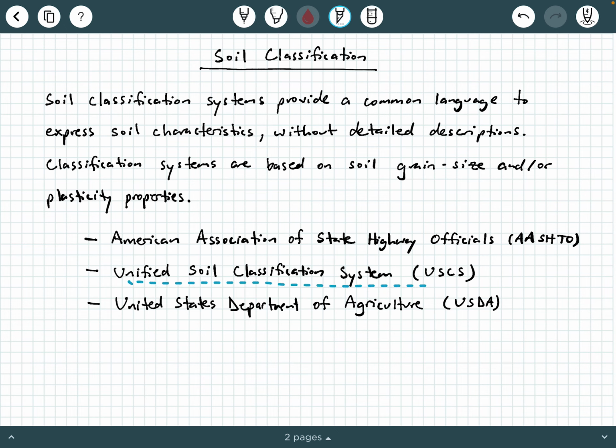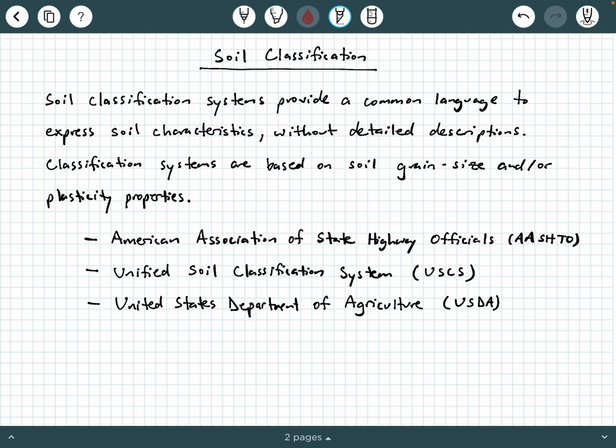This one is used for a wide variety of projects and sometimes even roadway projects. So if you're dealing with a slope stability problem or a foundation problem for a building, pretty much, it's multi-use, multi-type project usage for USCS. And then, more specifically, if you're dealing with roadways, again, you'll probably have to use AASHTO.